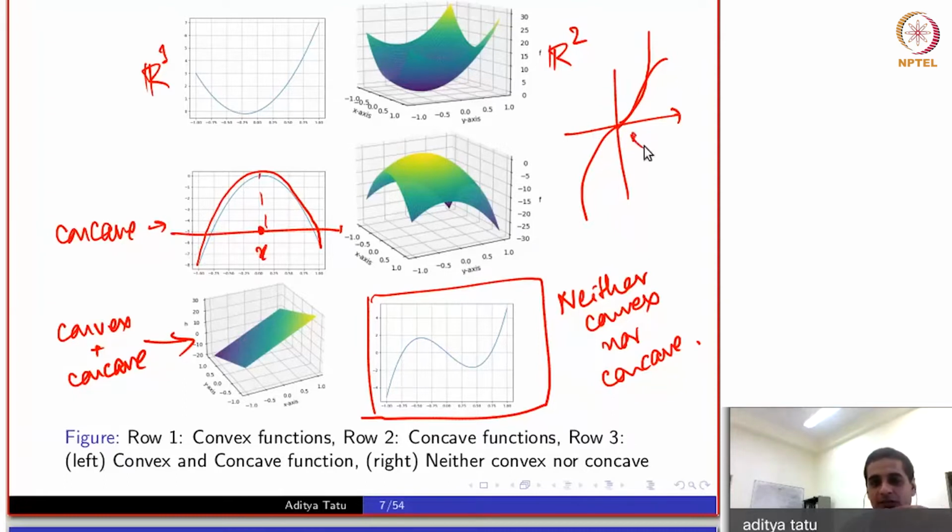This is called a point of inflection. It is neither maxima nor minima. That happens because the second derivative is also 0. Exactly. So the first derivative equals 0 is not enough to guarantee you a minima or a maxima. You have to look at second order derivatives. Okay, thank you, sir.